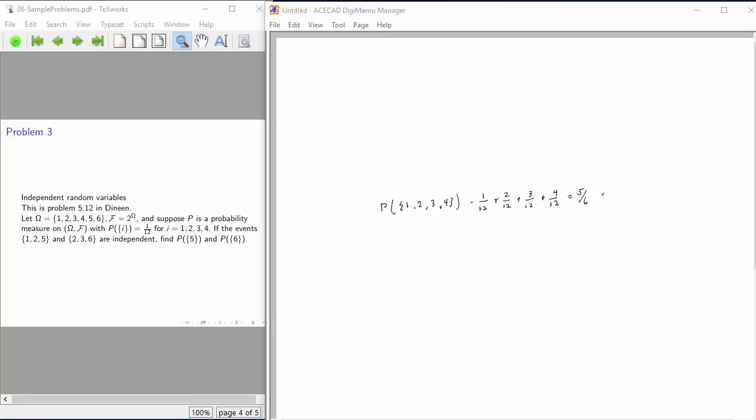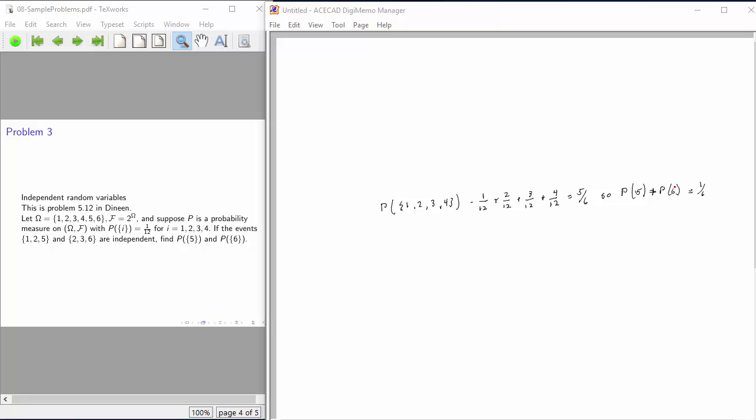And therefore, the probability of a 5 plus the probability of a 6 is equal to the remaining 1/6. I should probably put these in squiggly brackets, but it's rather a pain to write, so I'm just going to call them P of 5 and P of 6.